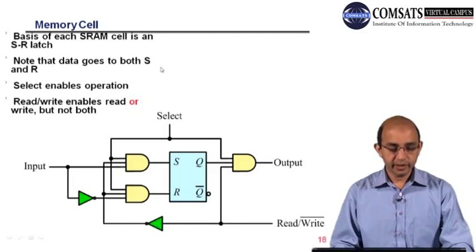Data goes to both S and R. You can see the input for S and the input for R, and then we have the select enable operation, read write, so we have to read or write, right?